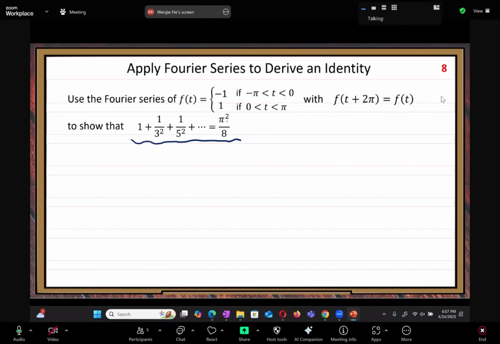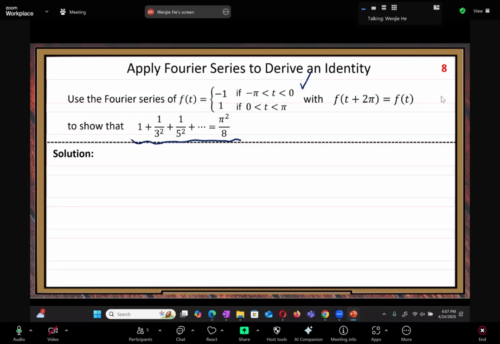Now, let us find the Fourier series of this function first. We just apply the formulas and calculate the Fourier series coefficients. But before you start your calculation, the first thing you need to check is whether it is an even function or an odd function, because in that way you can make half of the coefficients 0.